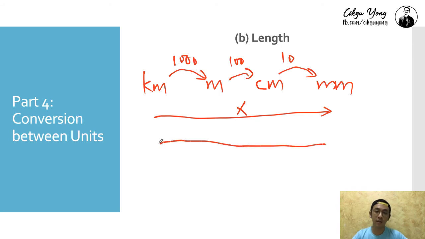To reverse it, it is a division. So again, the first question that should pop up in your mind is to ask yourself, from km to meter, 1 km equals how many meters? It is 1000 meters. That's why you have to use 1000 as your standard number to convert either from a bigger scale of unit to a smaller one or from a smaller one to a bigger one.